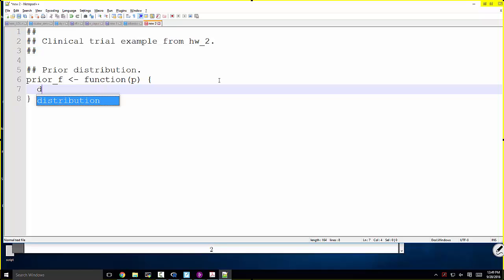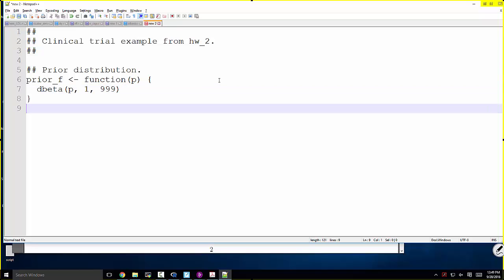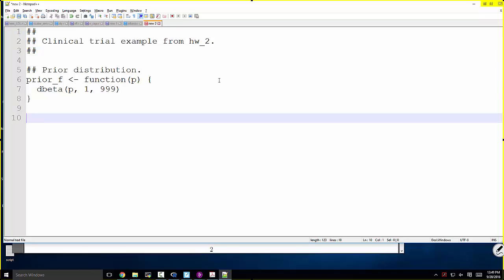PDFs or PMFs come from D and then the distribution name: dbeta, dbinom, dnorm. So evaluate the beta distribution at P when alpha is 1 and beta is 999. Okay, so if we do this, let's plot the prior.